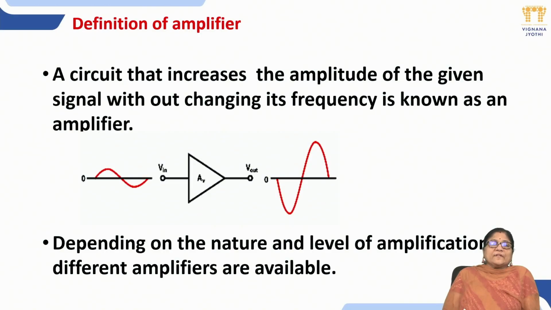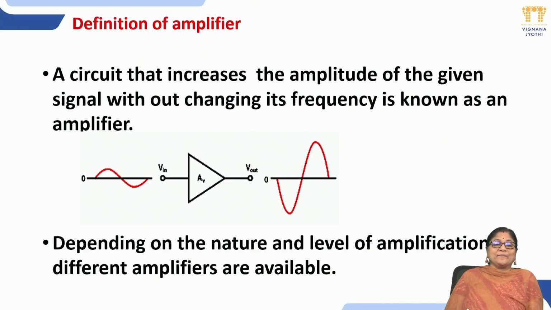Let us see. First, define what is an amplifier. An amplifier is a circuit which is indicated with the symbol of a forward triangle. It takes an input signal, which is any sinusoidal or continuous time signal with a frequency and an amplitude. If you apply this signal to an amplifier, it amplifies without changing its frequency, only increasing the amplitude.